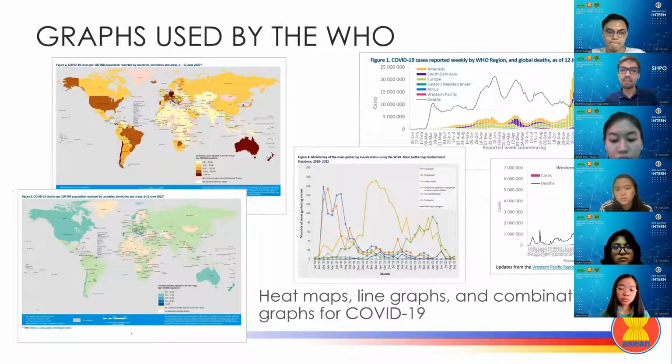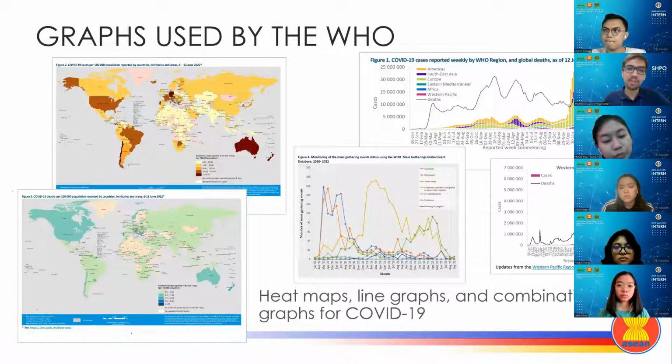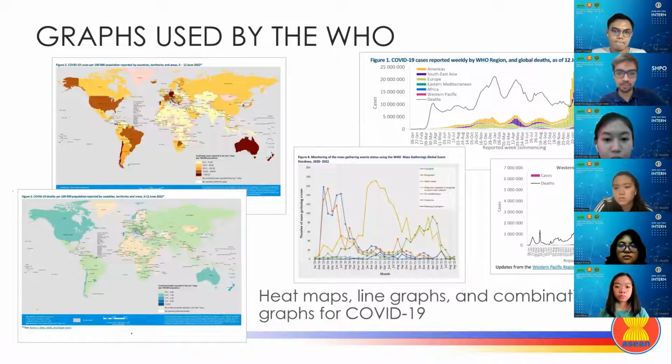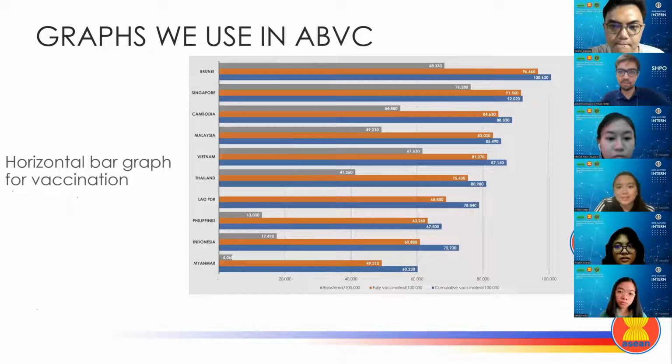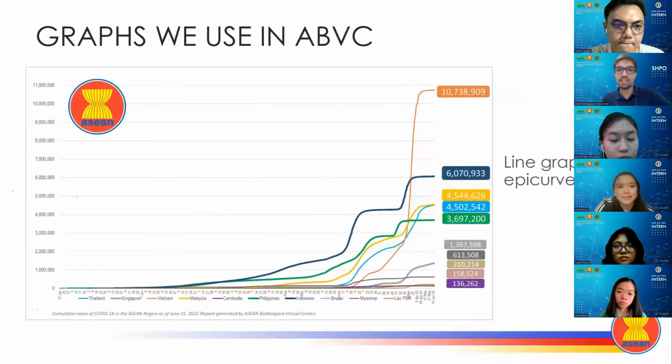So why are some countries very high, like Vietnam? How did Vietnam get so high with cases? Before, if you have seen the epic curve in the situational report, let's look for it. Here.